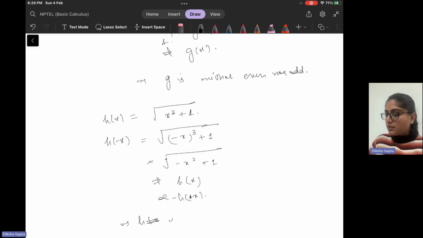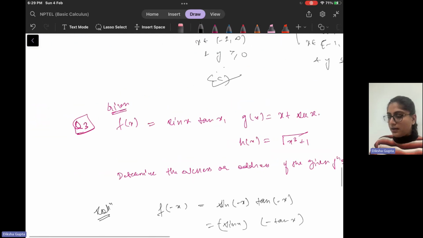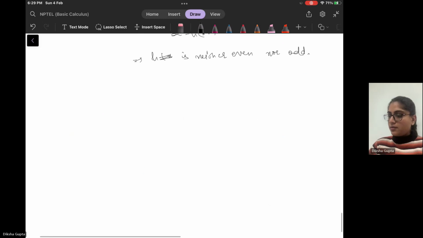Implies h is neither even nor odd. So there are functions which are neither even nor odd, right? The motive of this question was to tell you that there are functions which are neither even nor odd. All right. Next question.